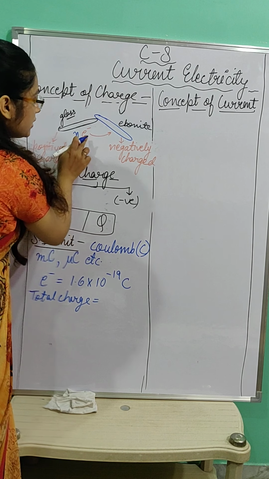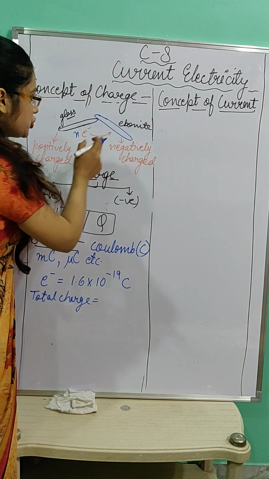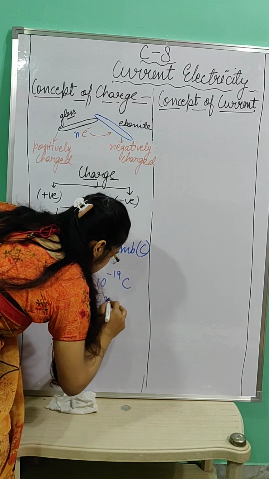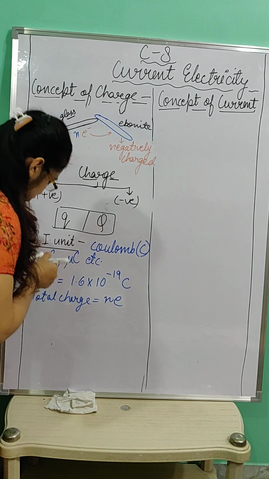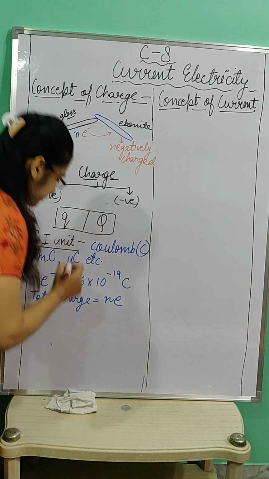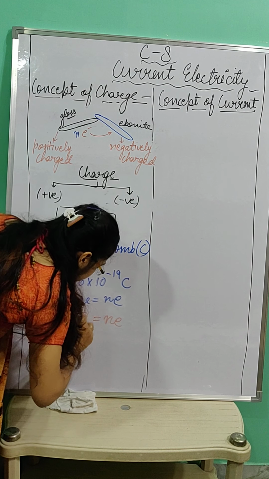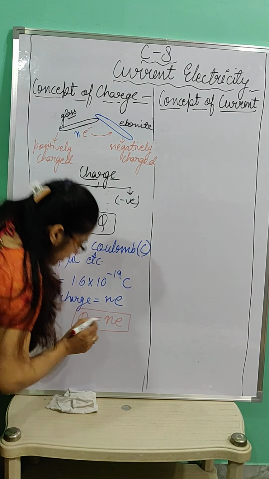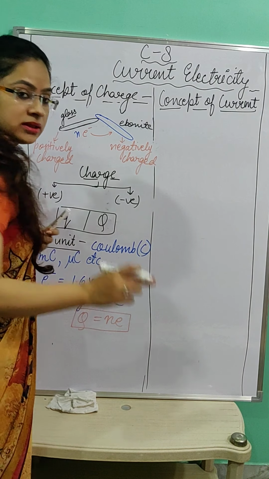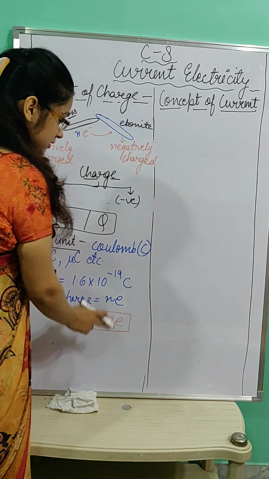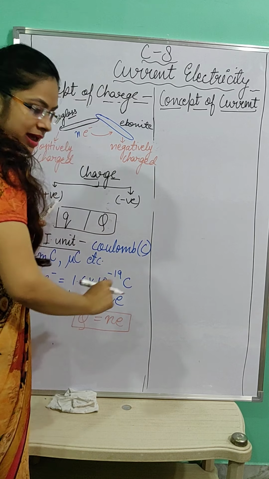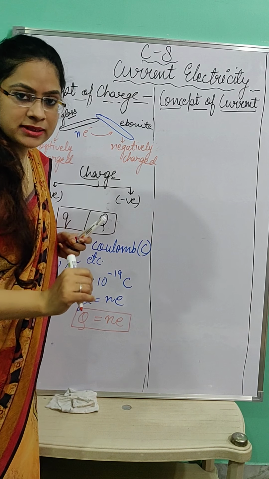Will be given by the value of one charge into the number of charges. So this total charge, Q, is equal to N into E, where N represents the number of charges and E represents the charge value, that is 1.6 into 10 to the power minus 19 coulomb.